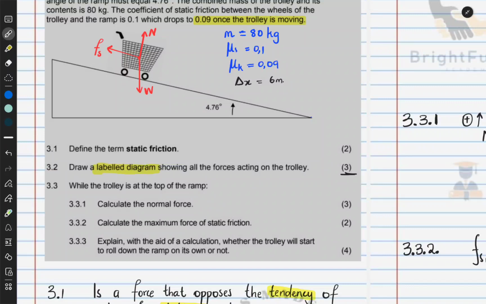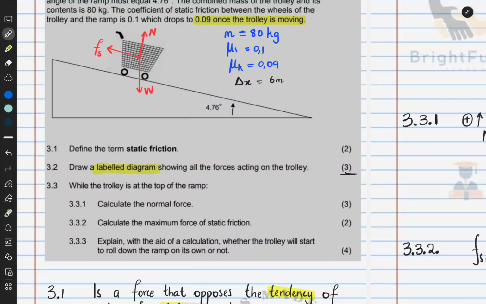If you remember, we said for any object to start moving, any force that is applied on the object must overcome the maximum static friction. Only then will the object be able to move.